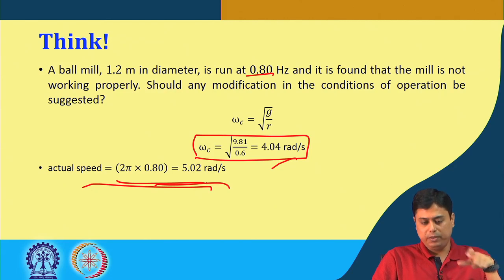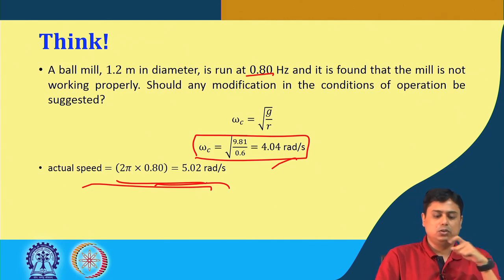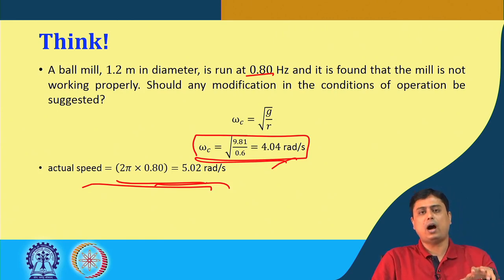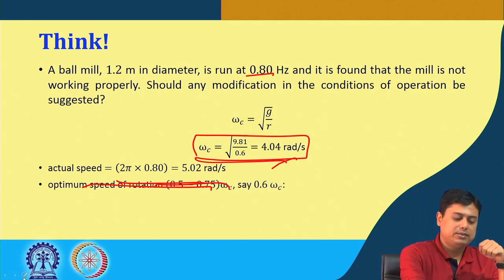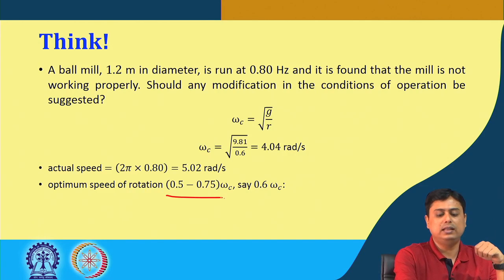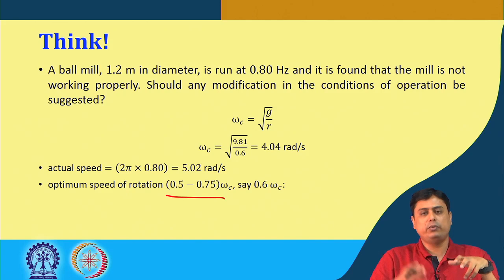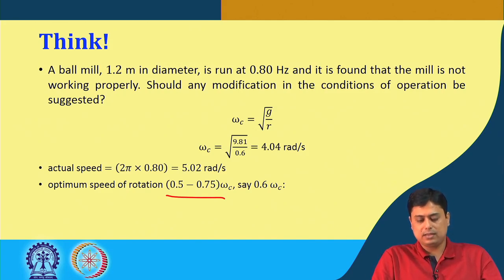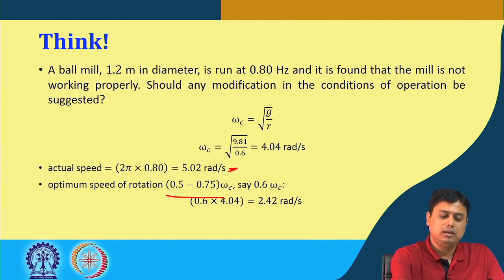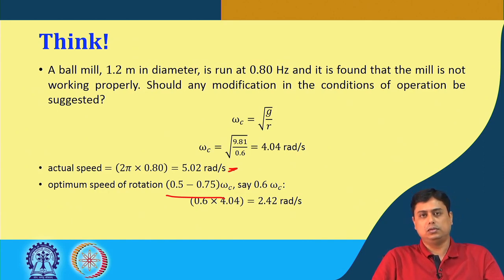So, what should be your suggestion? Your suggestion should be that we have to reduce this speed, but by how much? Now, the optimum speed, we have seen that it varies in this range, 50 to 75% of the critical speed. So, we take 60% of that. So, 60% of the critical speed is 2.42, and the actual speed is basically 5.02.